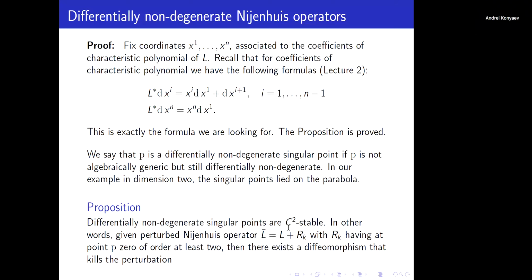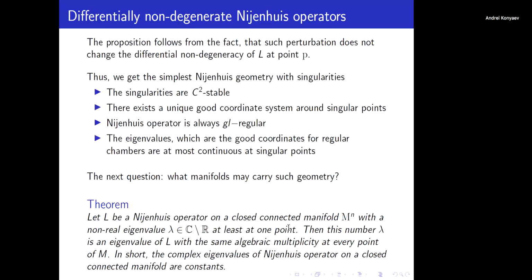All the statements we have proved so far are rather simple and easy, because it's not Thompson's theorem or the theorem about complex structure or the theorem about the non-constant eigenvalue of the single Jordan block. Those took a lot of space. And here everything is simple, but it's okay because it's the simplest model we have. Okay, so we get a very nice geometry.